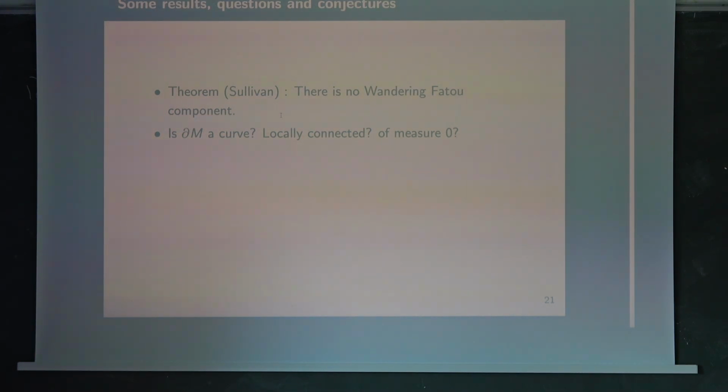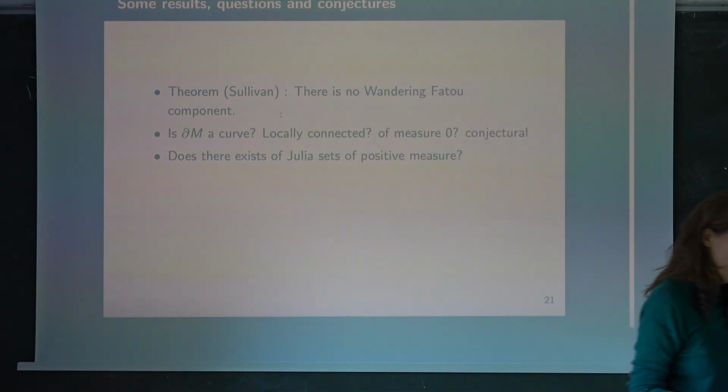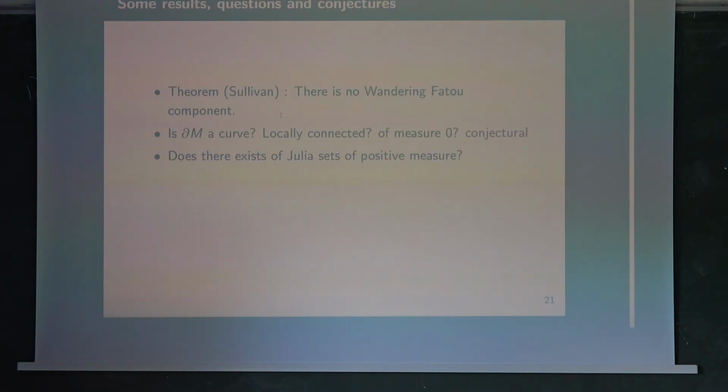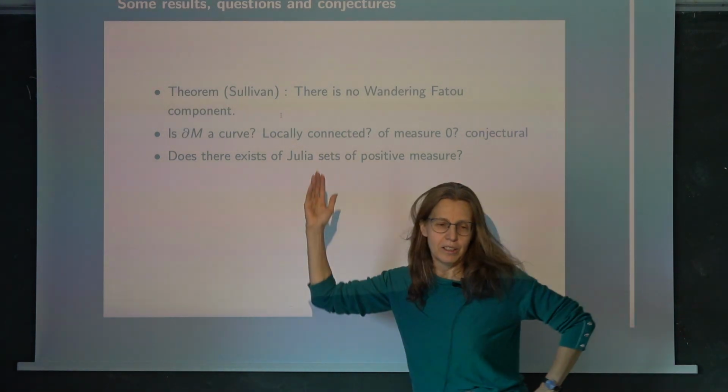We don't know also the measure. Okay, so these are still open questions. Very difficult open questions, so this is conjectural. And to attack this question, if we can find a Julia set of strictly positive Lebesgue measure, this could be an approach to prove that it's not locally connected.